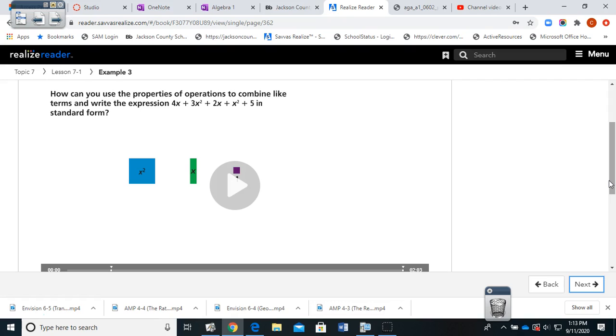Think of it like you're counting apples. 3 apples and 4 apples make how many apples? 7 apples. One like this: how many x squareds do I have here? 3. 3x squared plus 1x squared equals 4x squared.